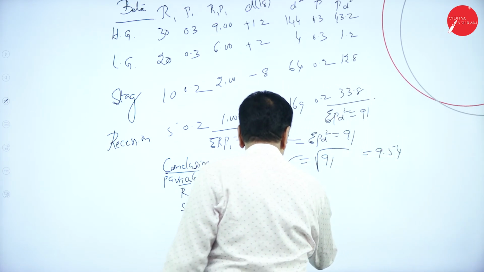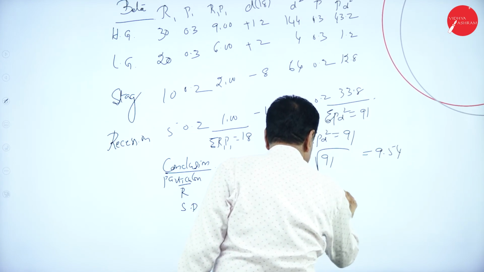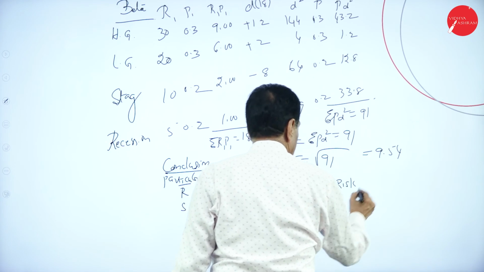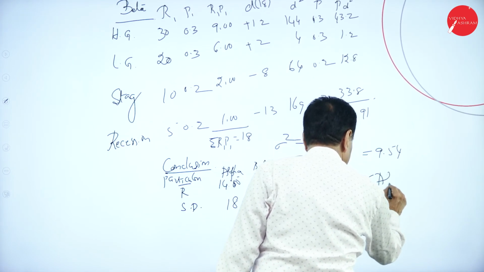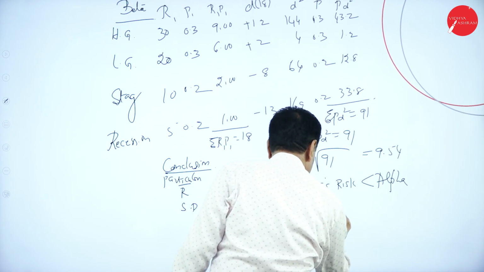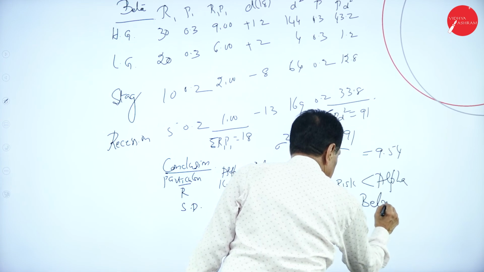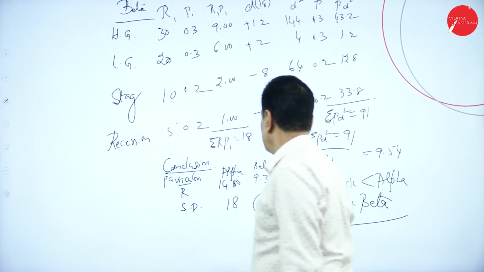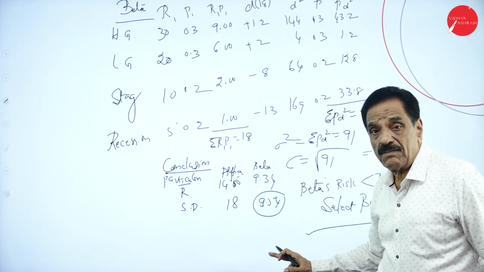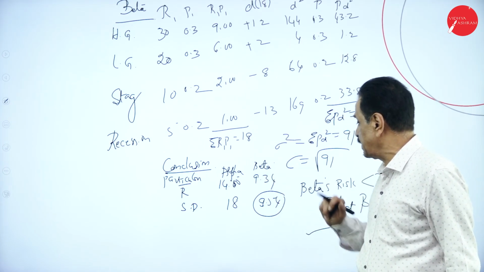So when you compare to alpha, beta's risk is less than alpha, select beta. Standard deviation is called risk; beta is the less risky one.